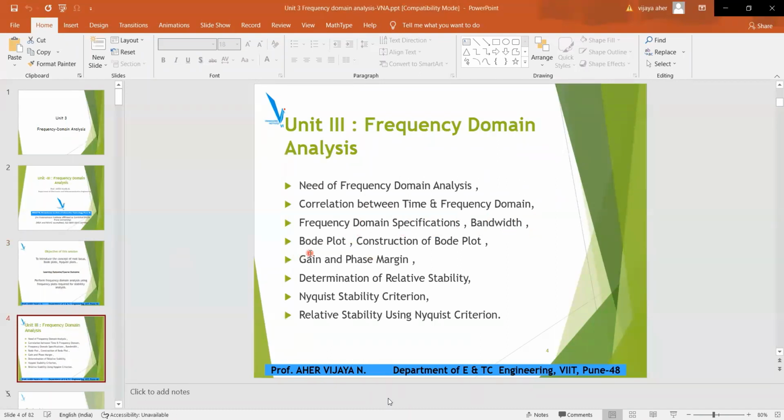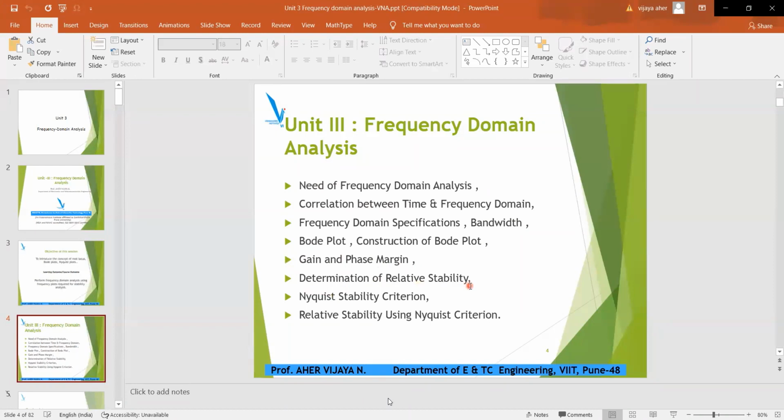Then you are going to study Bode plot, how to draw a Bode plot, construction of Bode plot. First of all, we are going to solve the numerical related to this Bode plot, and then we are going to plot this Bode plot on graph paper. That is nothing but construction of Bode plot. Then what is gain and phase margin, that you are going to learn.